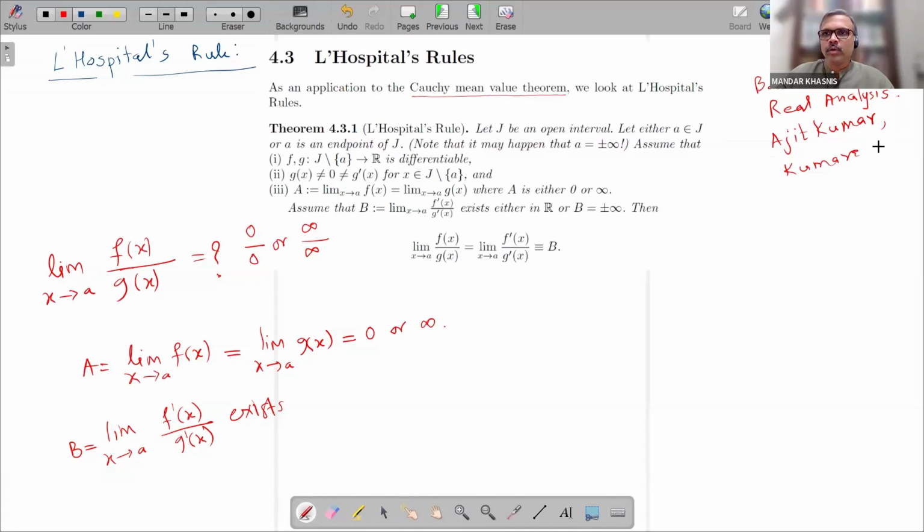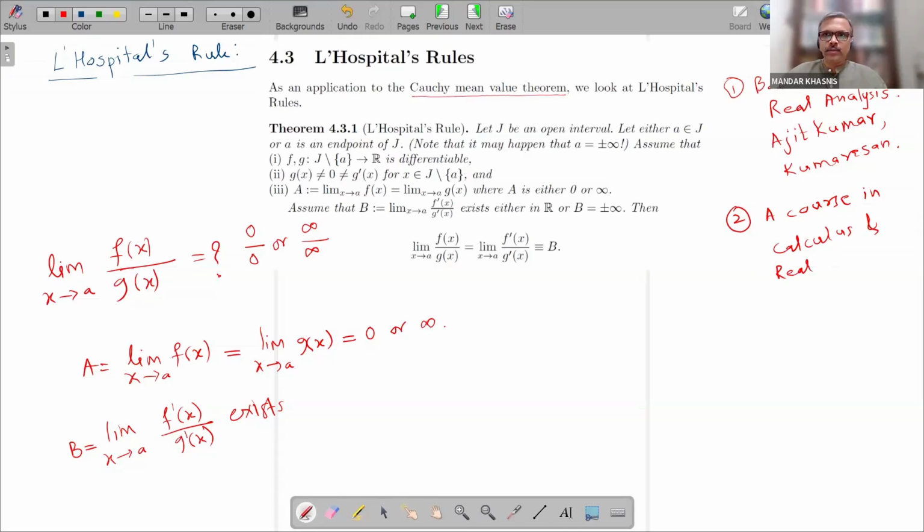This is one book I must mention, and the other one which you all should look at is this one, Ghorpade and Limaye. Do you see this? Can you see it? It's not visible. I'll write the name. The name is A Course in Calculus and Real Analysis.